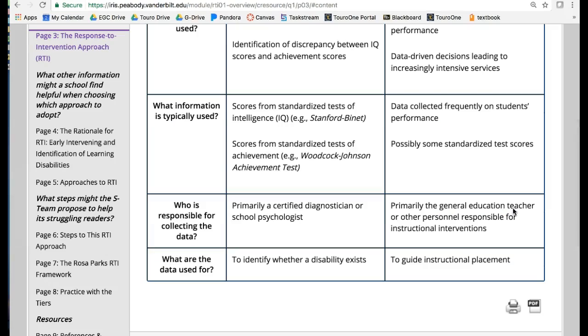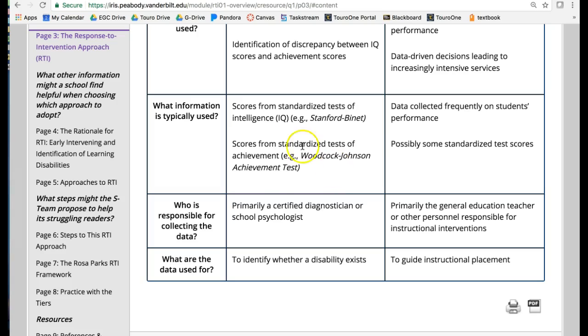Oh, and I'm not sure if I mentioned this before, but I wanted to mention it here. One of the other reasons for the discrepancy model being taken out of use was because there was actually a court case that looked at the IQ test for African American students, and it was decided that you actually could not use IQ tests to determine whether an African American student needed IEP supports, so special education supports.